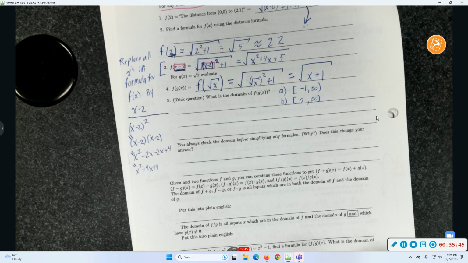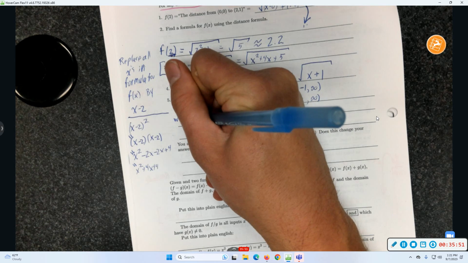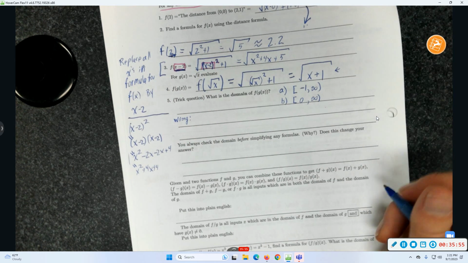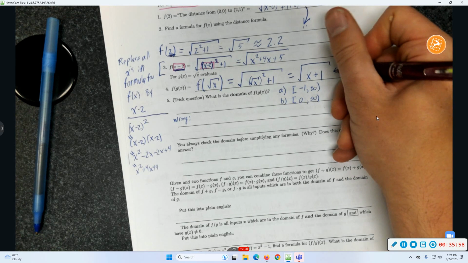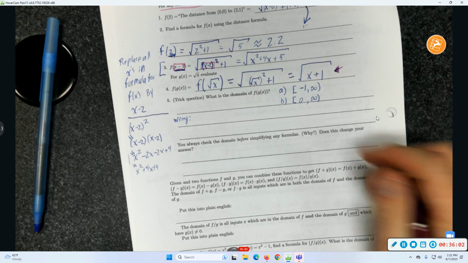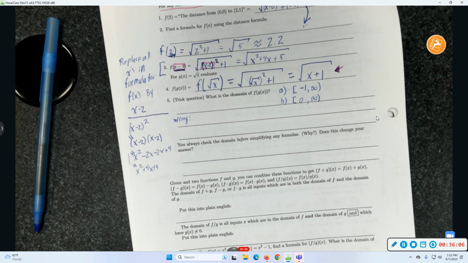All right. So let's think about it one way which is wrong. Let's look at this formula and see what inputs we can actually plug in. Well, I see a square root. What things are you allowed to take a square root of? Well, non-negative things. You can plug 0 into a square root. Square root of 0 is 0. You can't plug a negative in, though.